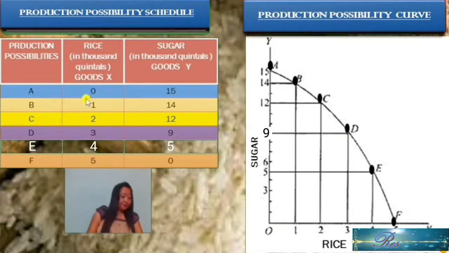Similarly, combination B shows that if you reduce a little of your production of sugar and allocate a little of the resources to the production of rice, then the production of rice will increase from 0 to 1, whereas the production of sugar will reduce from 15 to 14 units.